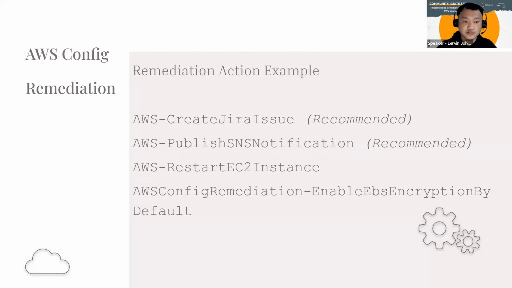We can also do an action like AWS stop, restart, or start EC2 instance. Another action that can be done is configure remediation to enable EBS encryption. These are just examples. Maraming remediation actions that are predefined by AWS.